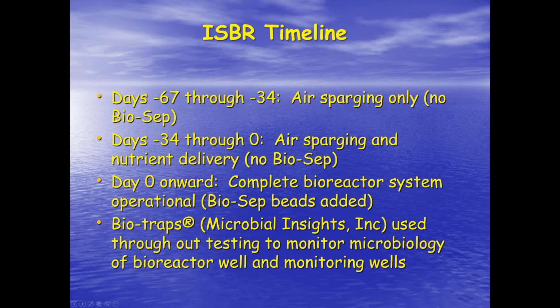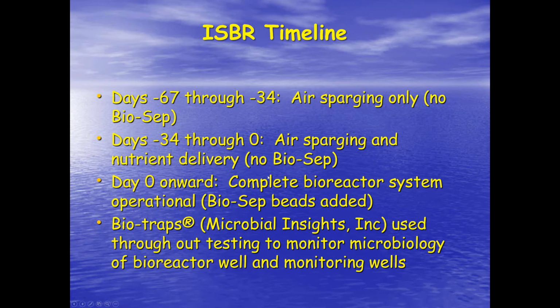And for 30 days, we sparged the in situ bioreactor and circulated groundwater through it with that sparging. For the next 30 days, we added nutrient delivery. So we're adding now a source of nitrogen and phosphorus to the in situ bioreactor as well as sparging, but still there's no Bio-Sep bead.